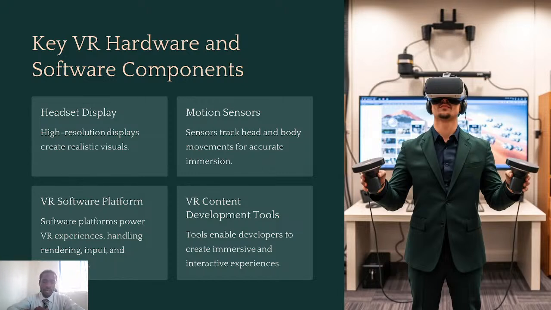Then we have the virtual reality content development tools. This is actually another most important part, because this is where the entire thing is built in terms of the software used in the virtual reality headset, and also the interaction that happens between the user and the headset, with the controllers, the motion detection and all that, the trackers.